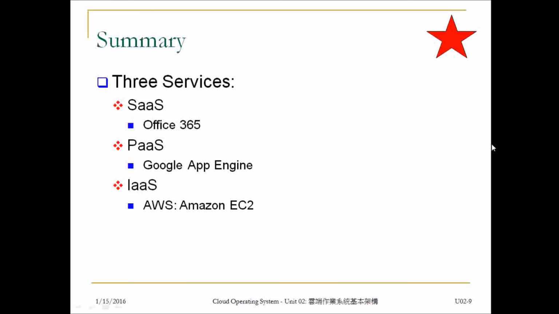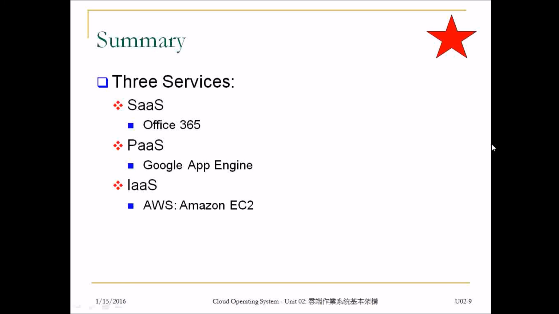You can rent the software online without paying the license, and you don't need to buy the software or application. The second, PaaS, platform as a service. For example, Google App Engine provides the development platform or environment for developers to program or establish their application.